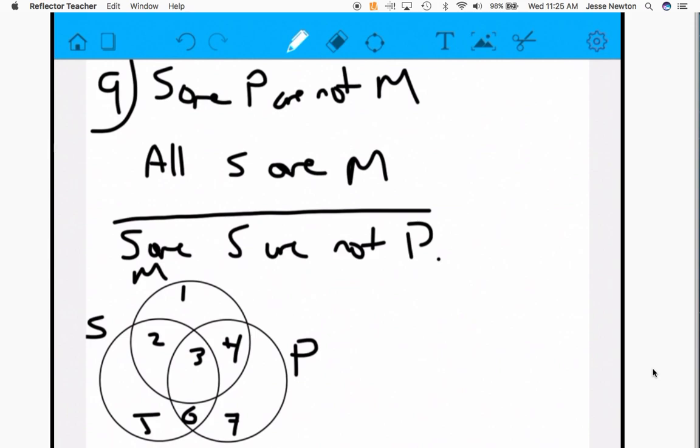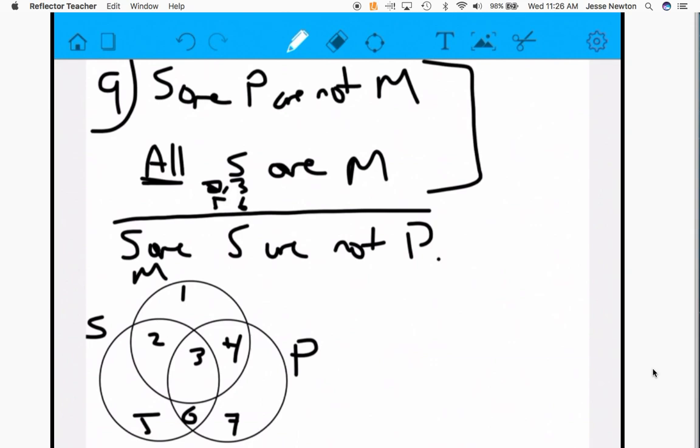So we're going to begin by diagramming the combined premises, and we begin with the universal premise because that tells us the most definitive information. And again, since we have a universal quantifier, all or no, we use shade. Region S is 2, 3, 5, and 6.